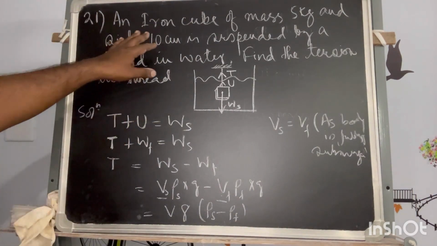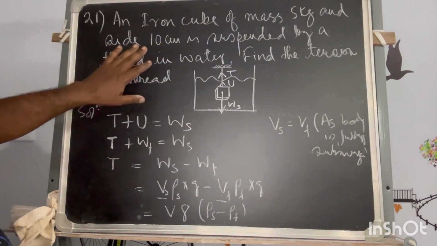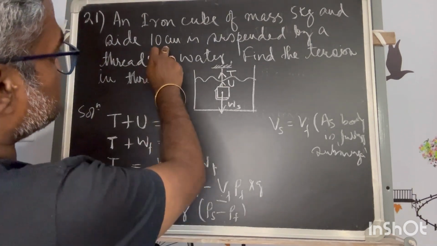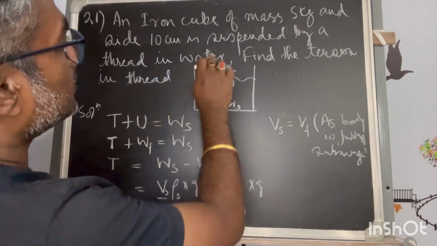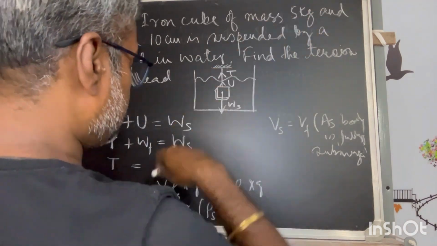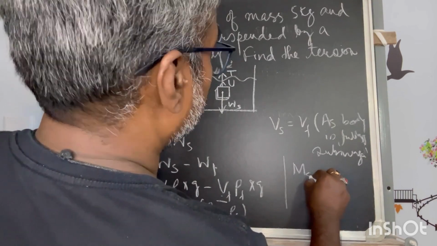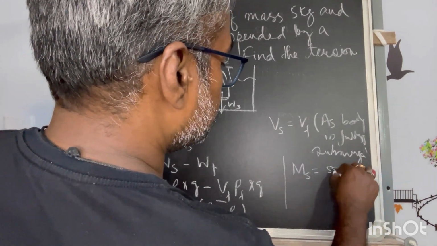Now the iron cube has a mass of 5 kg and side 10 centimeter, so V you can calculate. The mass of the solid is 5 kg.